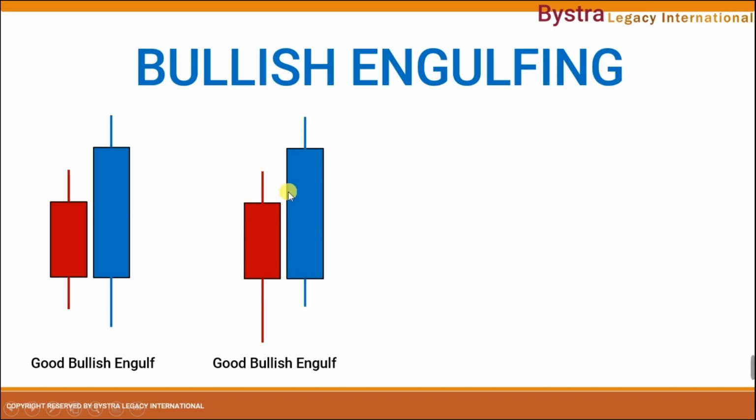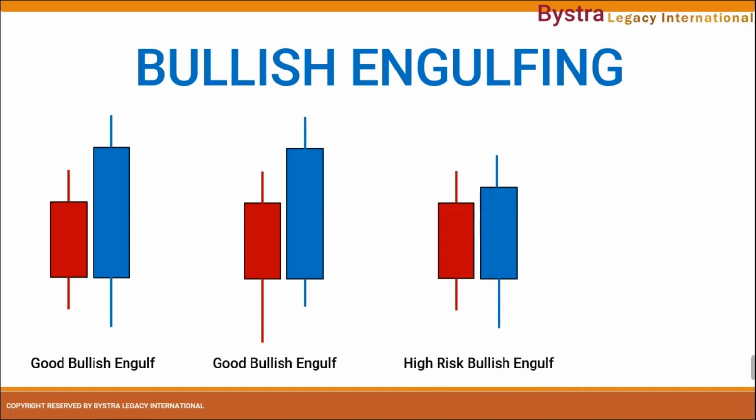This will be a very strong upward trend. It indicates that the rejection from the support is very strong. Not only that, it also broke this structure, which is what we call the higher high. So it is very important that we understand the structure in the bullish engulfing. Now, this is a high risk bullish engulf that we do not want to engage with. The bull candle doesn't engulf the wick of this red candle.